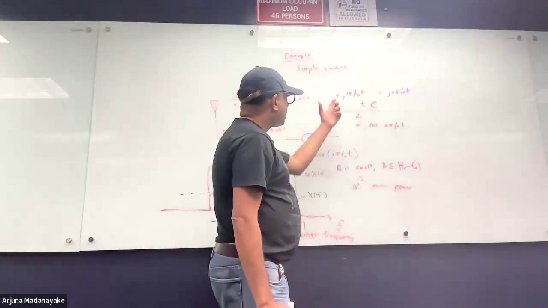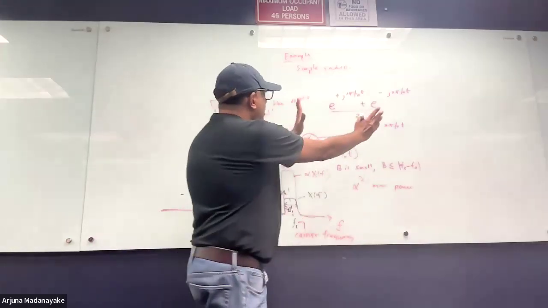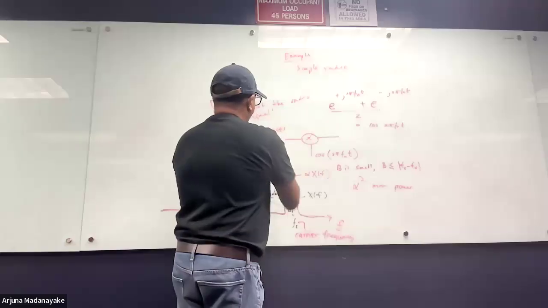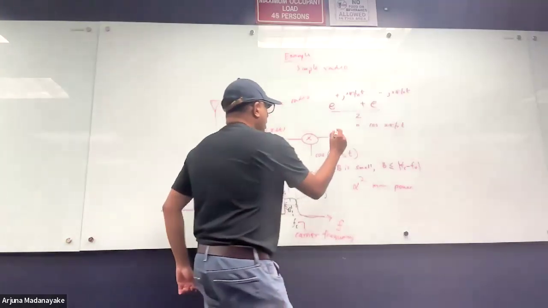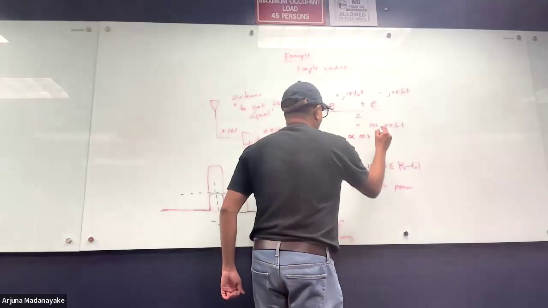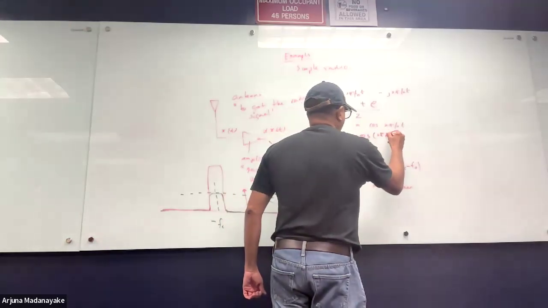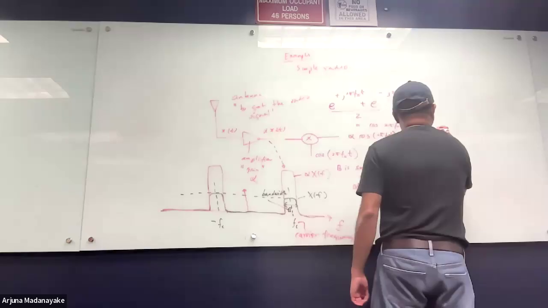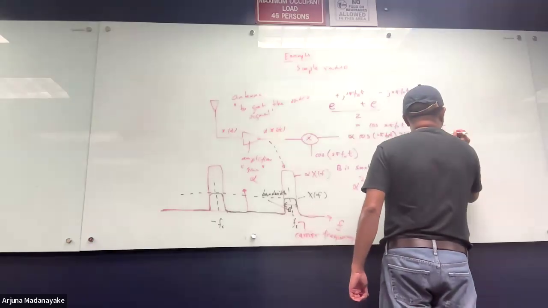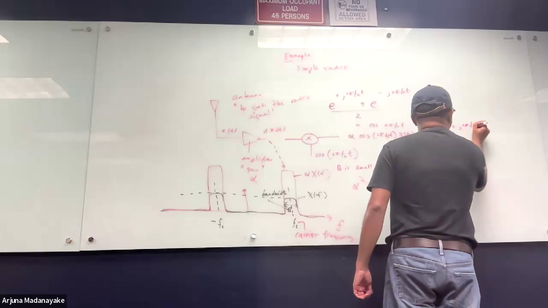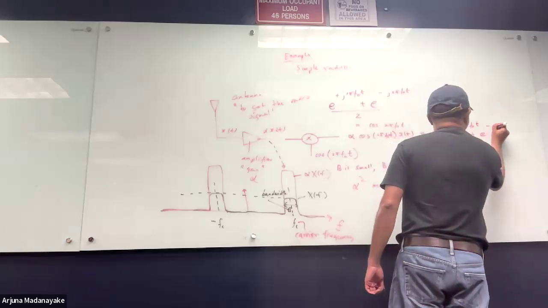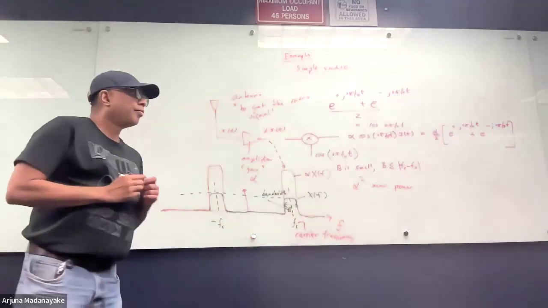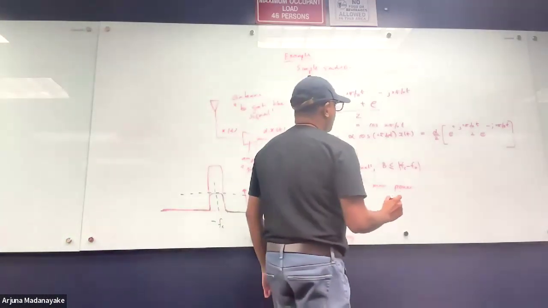So when I multiply these, we know from the theory that when I apply these exponential terms in front of x of t, what I get here is alpha cos 2 pi f naught t times x of t, equal to alpha by 2 e to the plus j2 pi f naught t plus the other term.